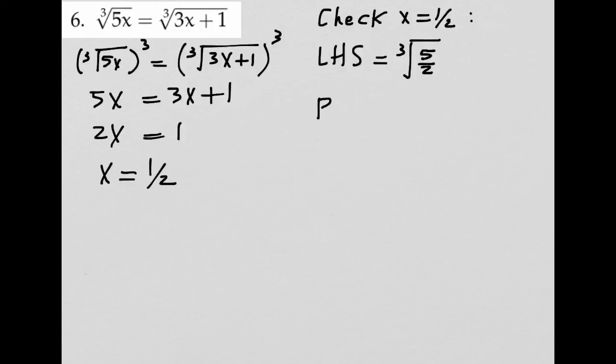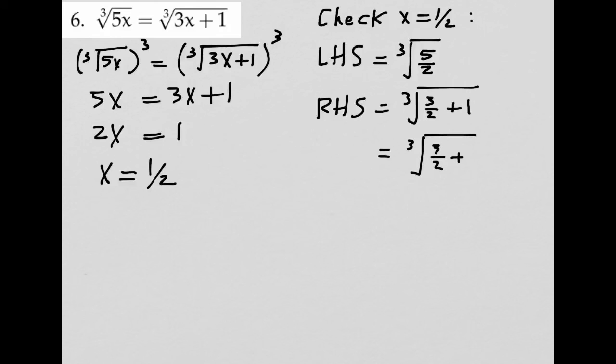If we plug in x equals 1/2 for x in the right-hand side, we get cube root of 3 times 1/2, that's 3 halves, plus 1. That's cube root of 3 over 2 plus 2 over 2. That's cube root of 5 over 2, which equals the left-hand side. So x equals 1/2 is a solution of our original equation.